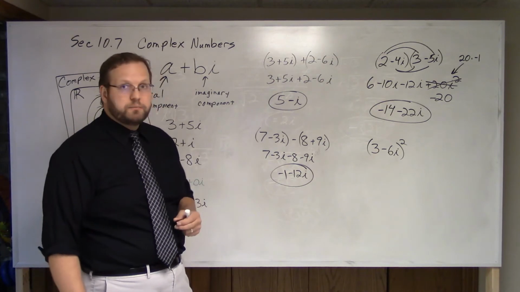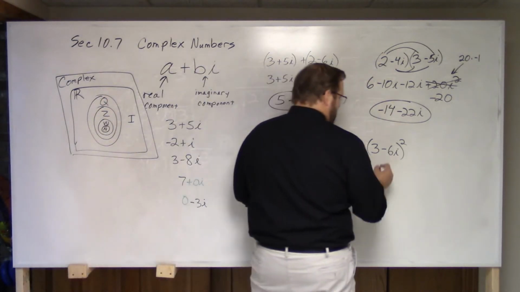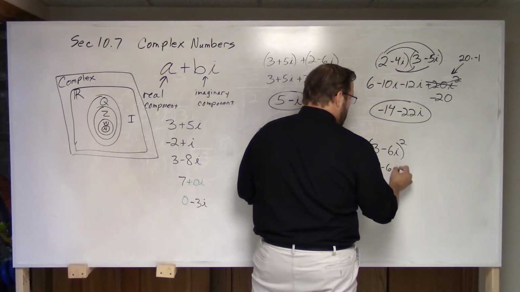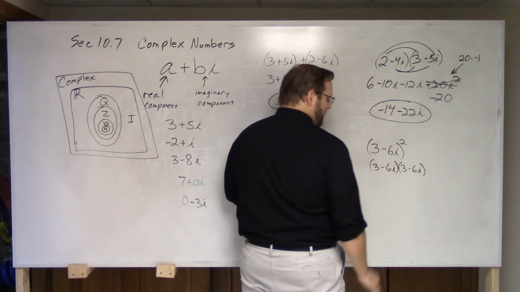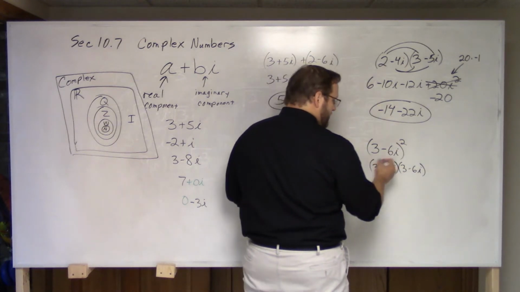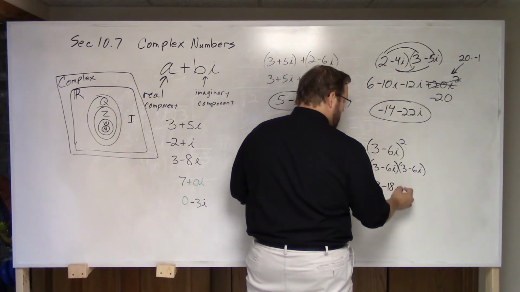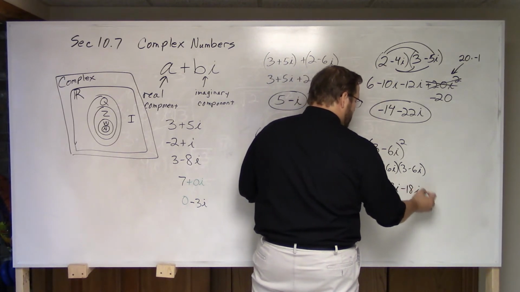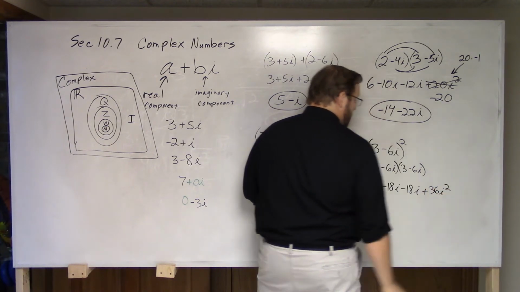When you're squaring something like that, write it twice and then FOIL it back. So I have 3 minus 6i, 3 minus 6i. I distribute to get 9 minus 18i minus 18i plus 36i squared.